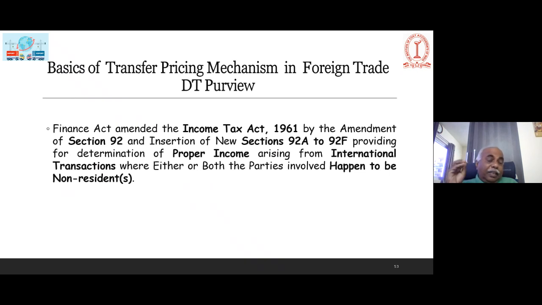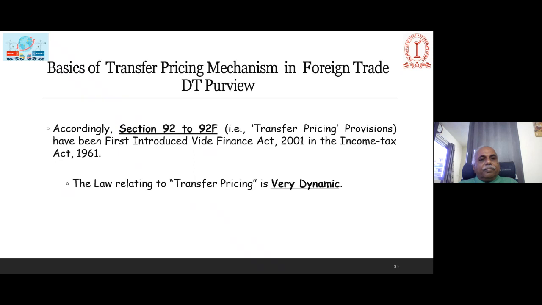If you see 92A to 92F, all are dealing with international transactions, where either both the parties involved are non-residents. Accordingly, sections 92 to 92F, transfer pricing provisions, were first introduced by the Finance Act 2001.